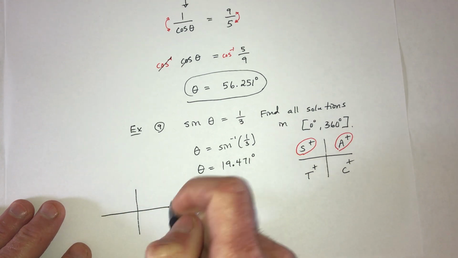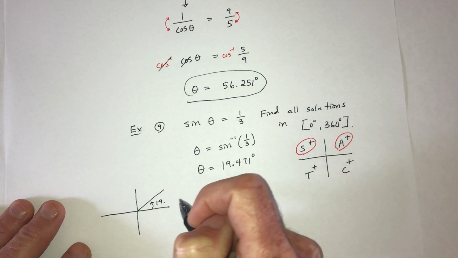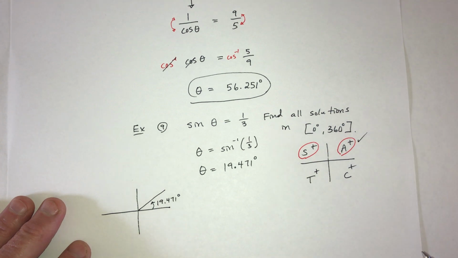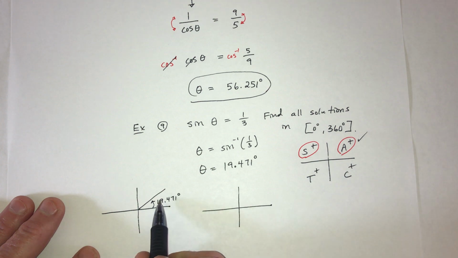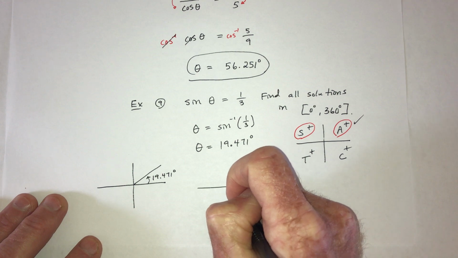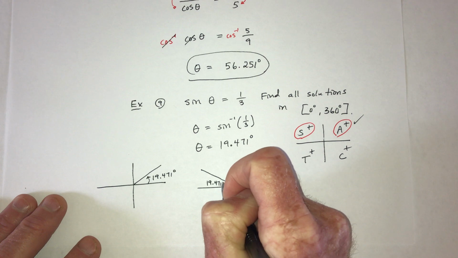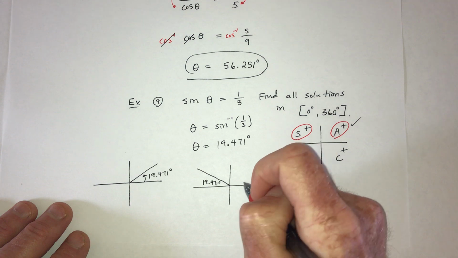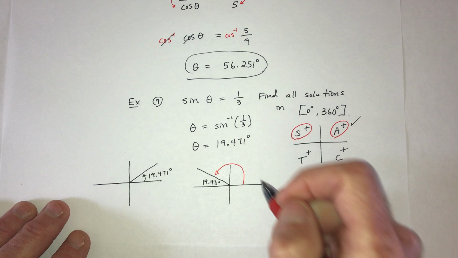So it's basically saying I found this solution, 19.471 degrees. So that's taking care of this one in quadrant 1. But if you take this angle and you flip it over into quadrant 2, it would look like this. 19.471 degrees got flipped over into quadrant 2. In which case, if you go from here to here, that's another solution for the theta.